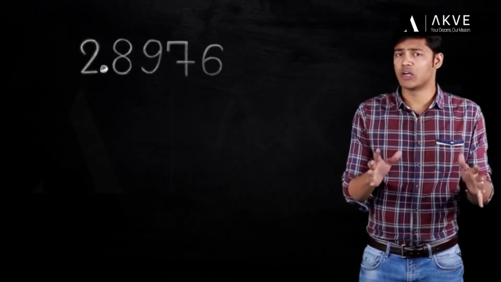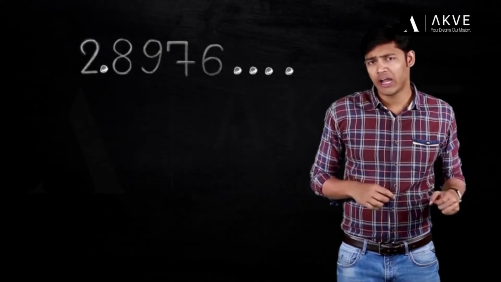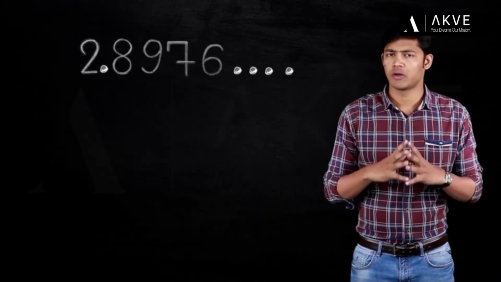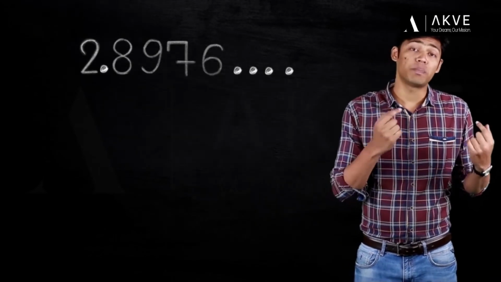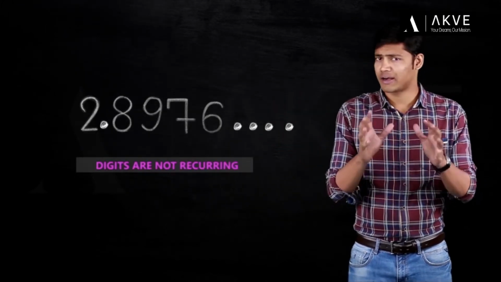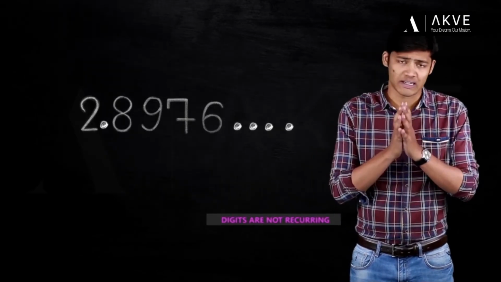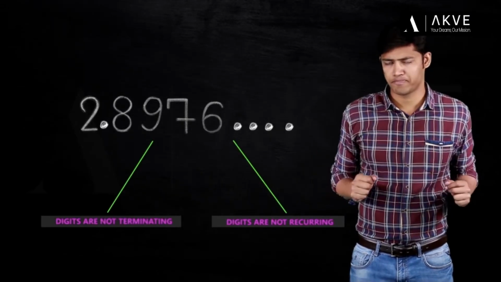Now try to convert this number 2.8976 and so on into its p by q form. Now I cannot use the previous method since the digits are not recurring. This is a decimal in which the digits are neither terminating nor recurring.